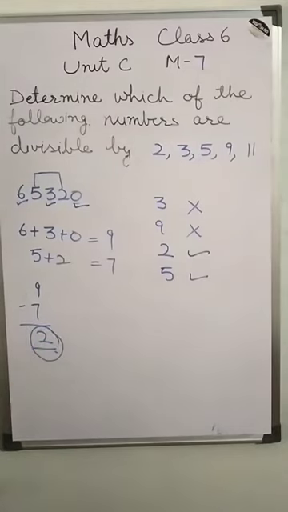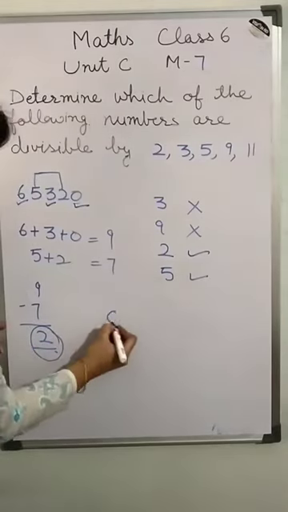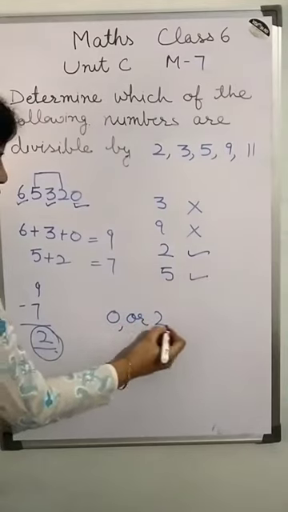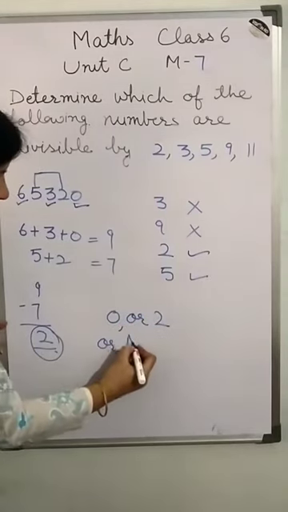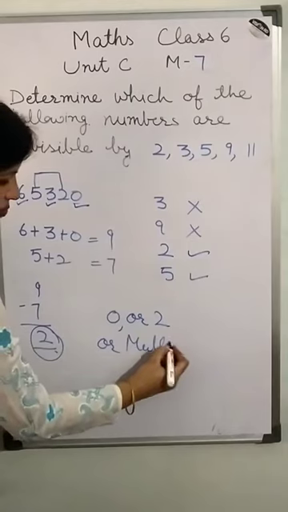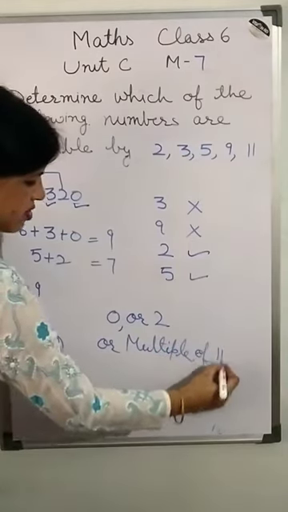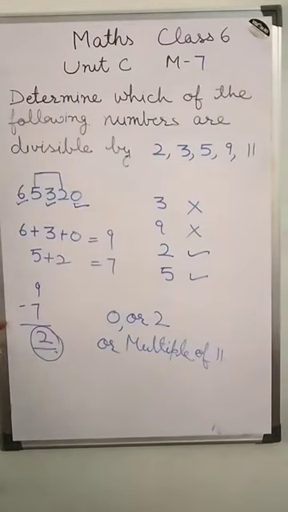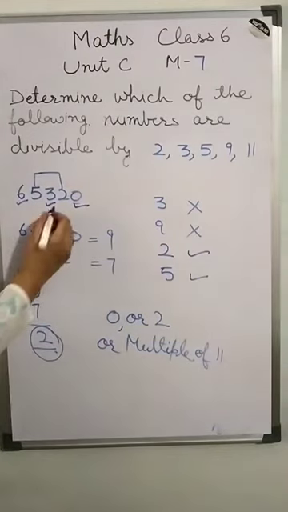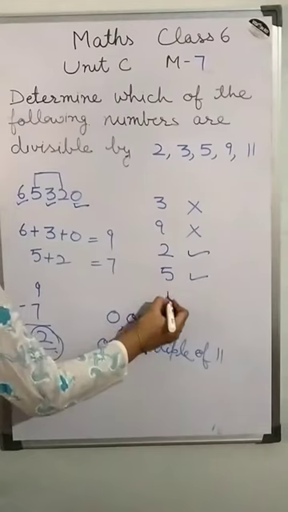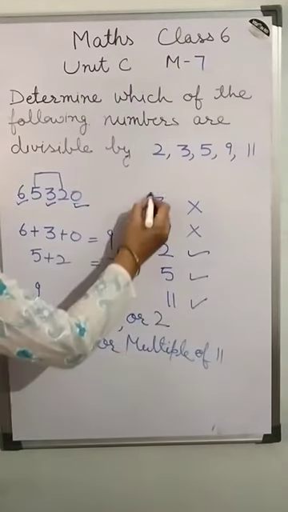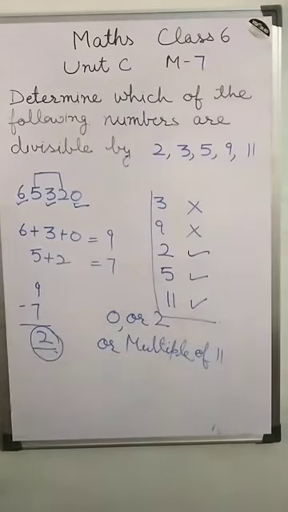For the divisibility of 11, the difference should be 0 or a multiple of 11. So we can say the number is divisible by 11. So in this way we can find the answer.